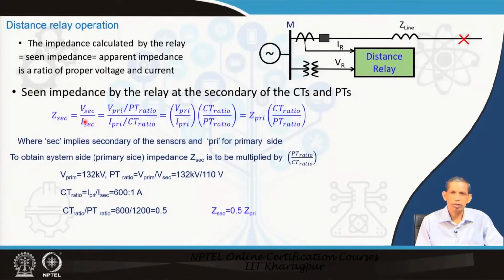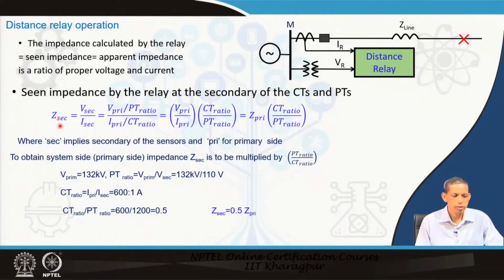V secondary divided by I secondary, but V secondary is V primary divided by the PT ratio, and I secondary is I primary divided by the CT ratio. So, this leads to V primary by I primary, times CT ratio by PT ratio. So, Z primary times CT ratio by PT ratio.